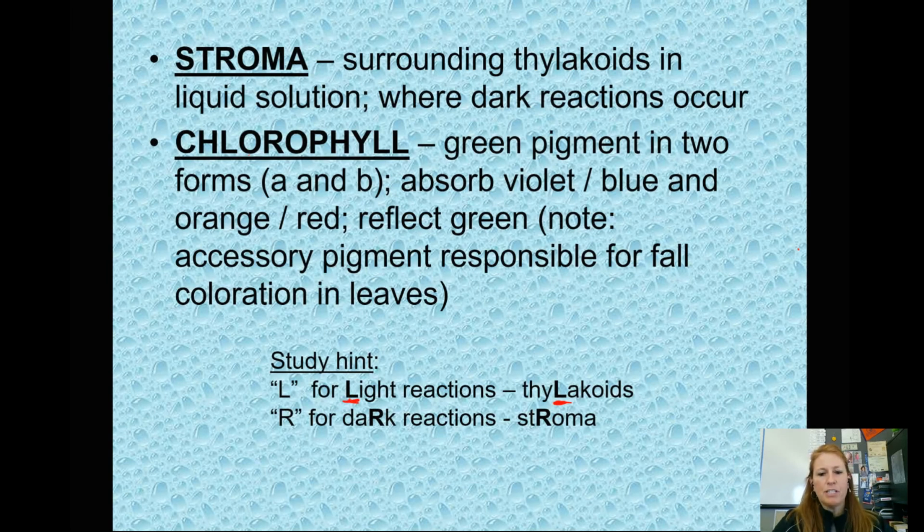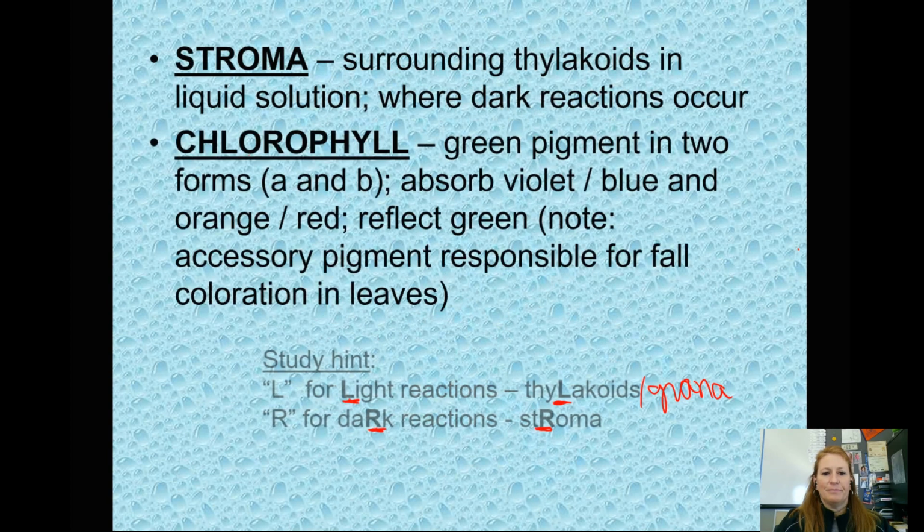So light reactions take place in the thylakoids. I can also add the grana here because we have our stacks of thylakoid membranes that make up a grana or granum. The stroma has an R, so that's our dark reactions. So that's using carbon dioxide.